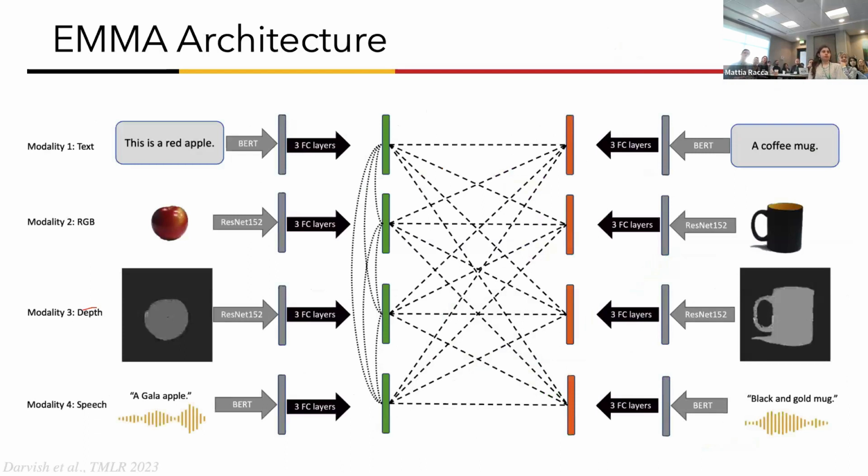So here's a high-level overview of our approach and the distances used in the geometric alignment loss with our four modalities. Gray arrows indicate pre-trained models that are frozen, while the black arrows show 3 fully connected layers. These networks are trained. And orange rectangles are negative embeddings, green rectangles are positive embeddings.